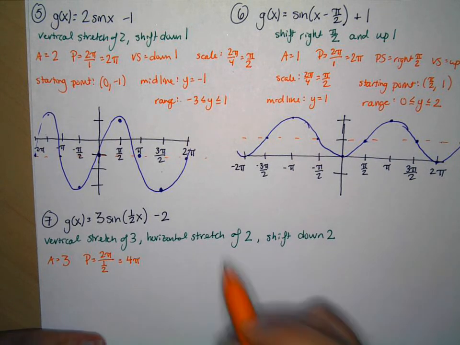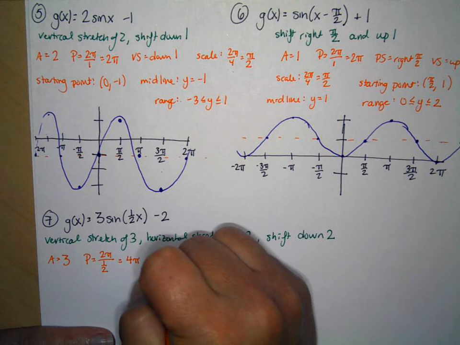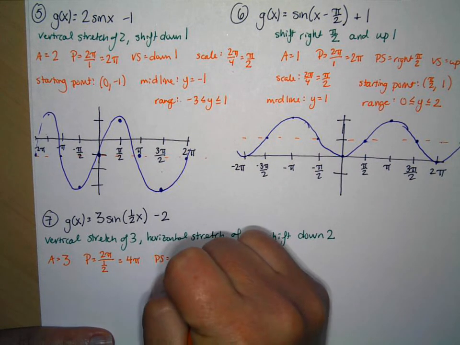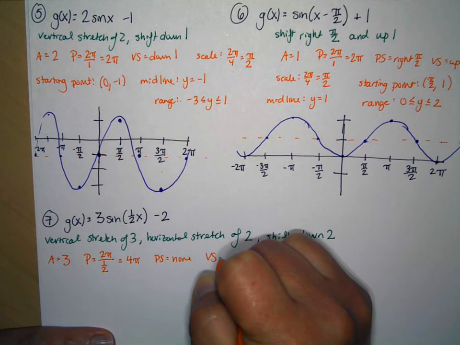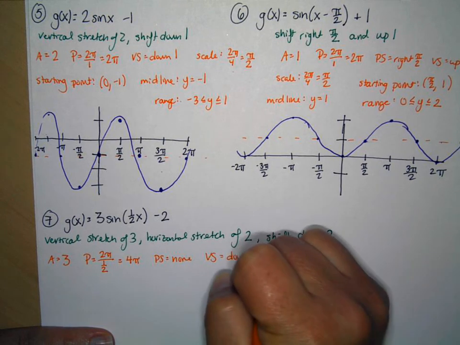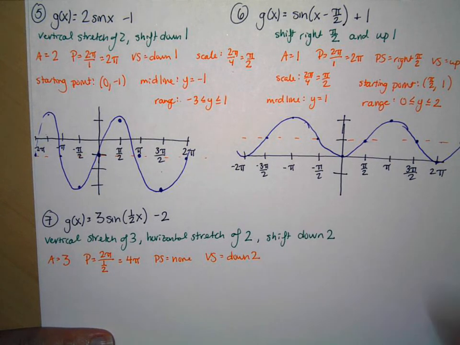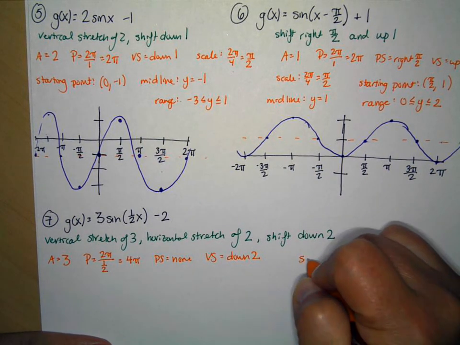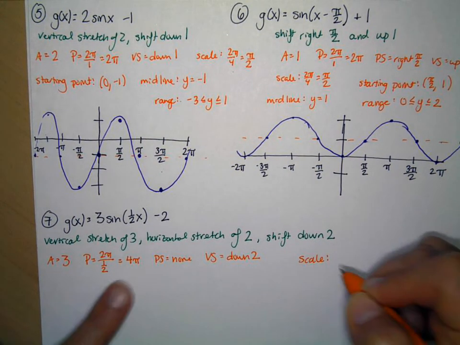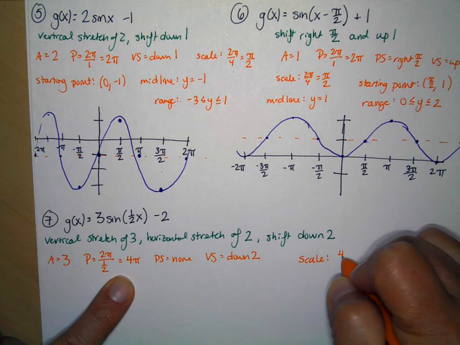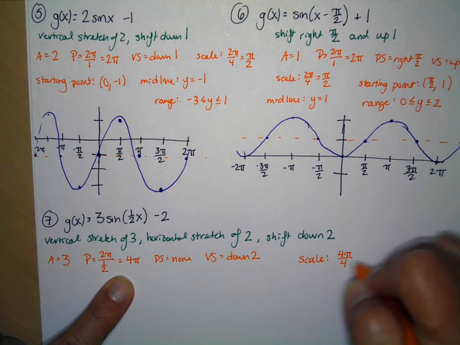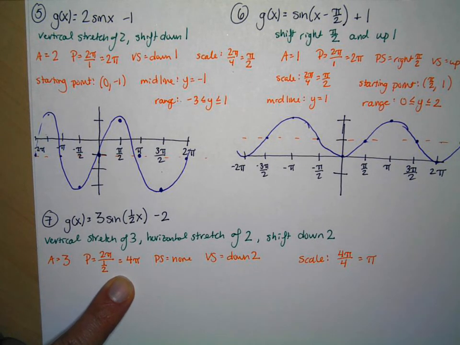We have no phase shift, but we have a vertical shift down 2. All right. For our scale, we take our period and we divide it by 4. So 4 pi divided by 4 is going to give us 1 pi.